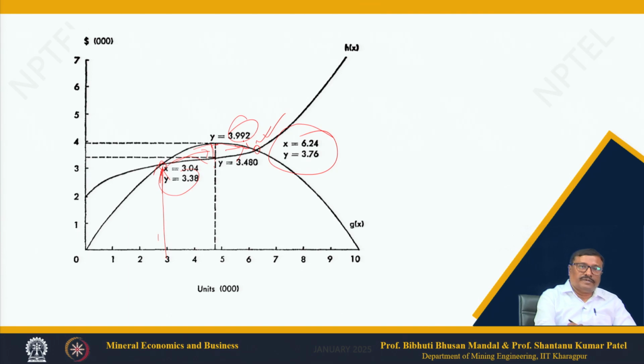So, at that point we go for a double differentiation and see that the slope is negative, and then we understand that is the point where we are getting the maximum profit.